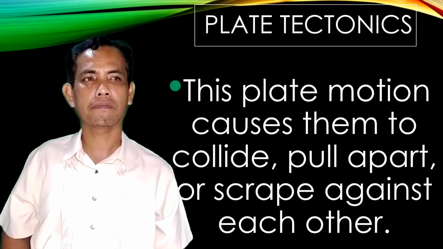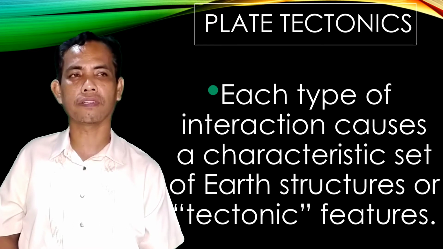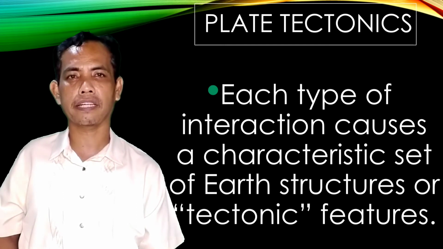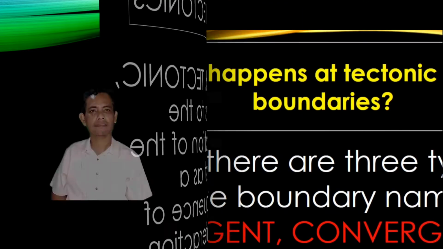This plate motion causes them to collide, fall apart, or scrape against each other. Each type of interaction causes a characteristic set of earth structure or tectonic features. The word tectonic refers to the deformation of the crust as a consequence of plate interaction.